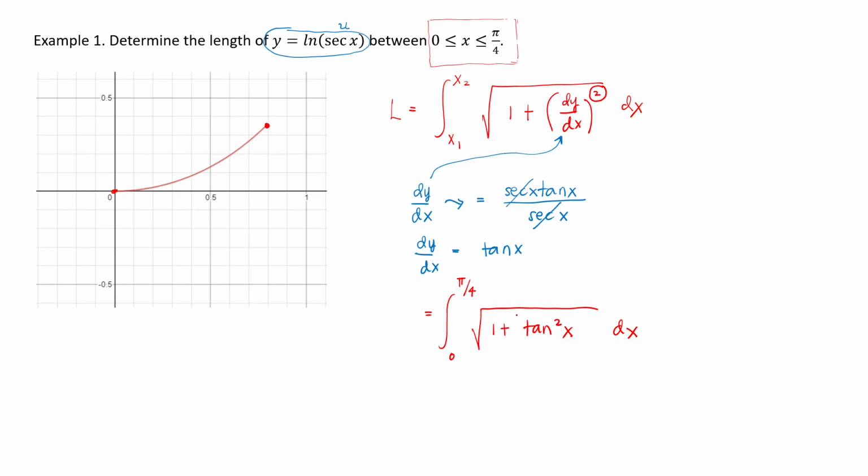Take note that 1 plus tangent squared x is a Pythagorean identity, which is equal to secant squared x. So this will be the square root of secant squared x dx. Further simplifying, you get the integral from 0 to pi over 4 of secant x dx. And again, you can use your calculator.